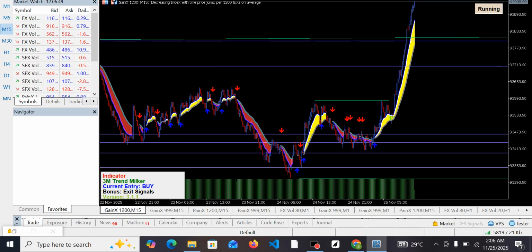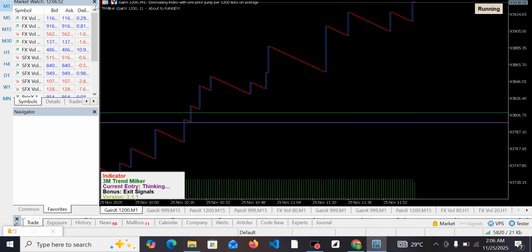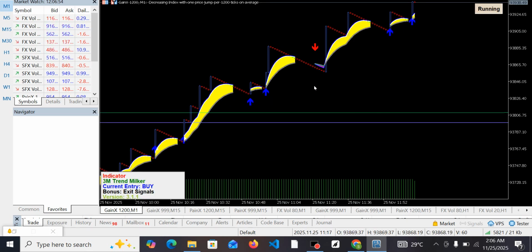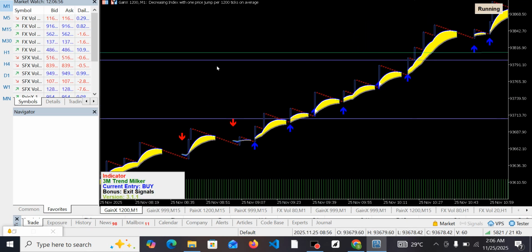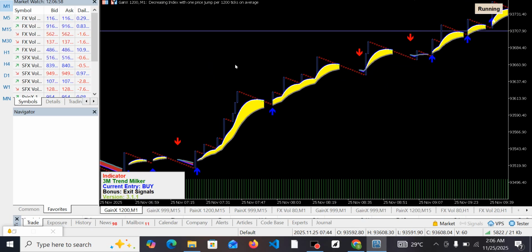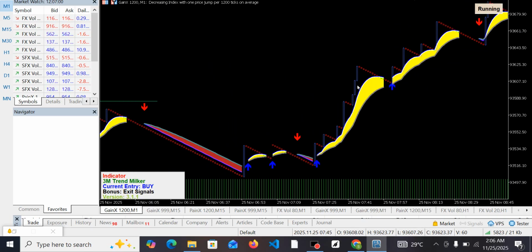So like I said, we've actually checked out how we can trade using this asset on lower time frame. In my last video we discussed how we can trade spikes on lower time frame, 1 minute time frame. We actually focused on Gain X 1200.